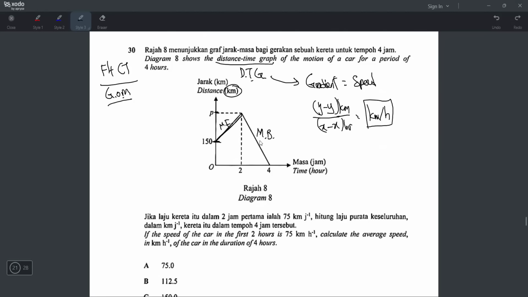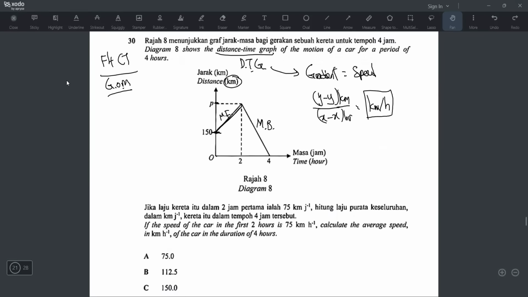So I'll just write move backwards. The distance traveled here is not from 0, because it starts from 150. So the distance traveled here is P minus 150. Of course, I don't know what P is, but it's okay. I'm sure they will give me some information to help me later. So far this is the story. Now let's read here.